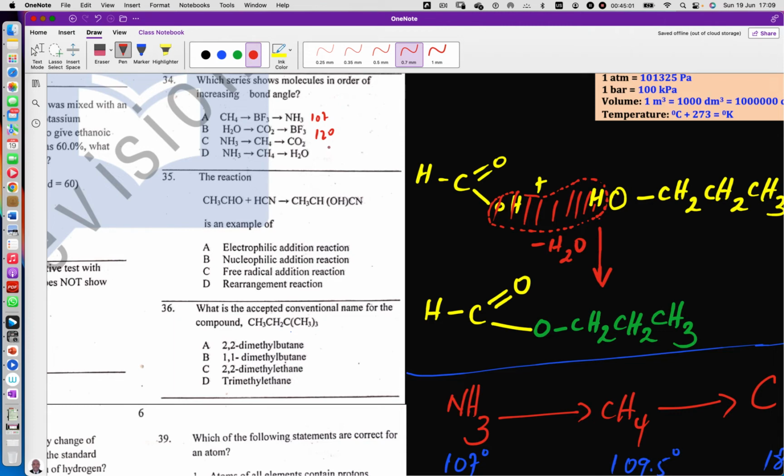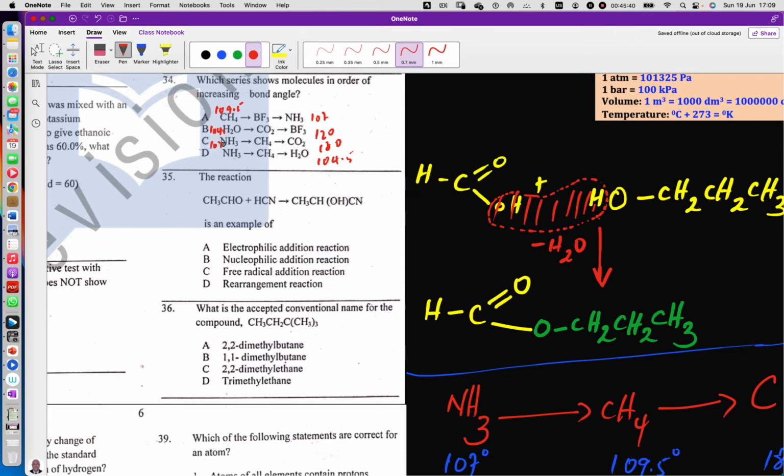Carbon dioxide has a bond angle of 180. And water has a bond angle of 104.5.